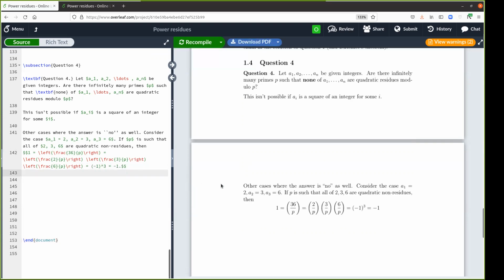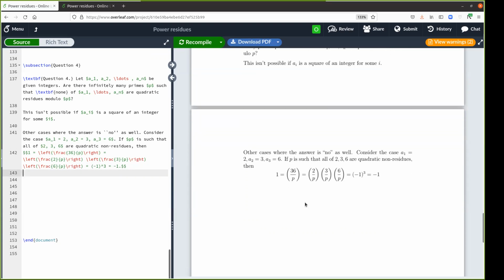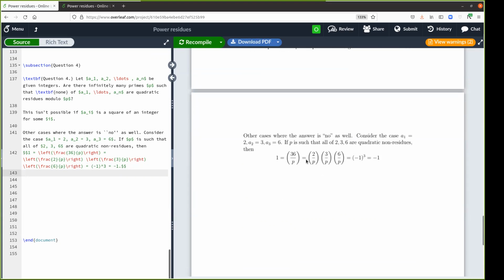The proof is quite easy, we just need the multiplicativity of the Legendre symbol. And that's it.